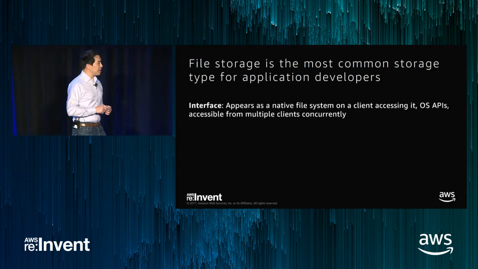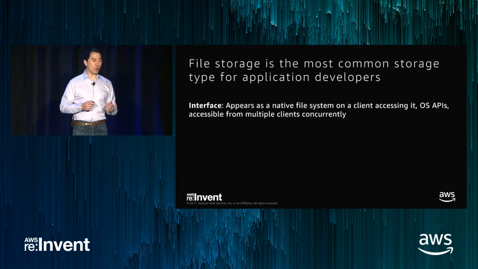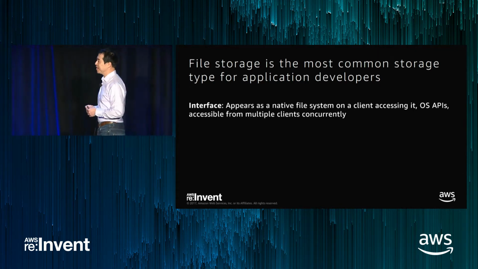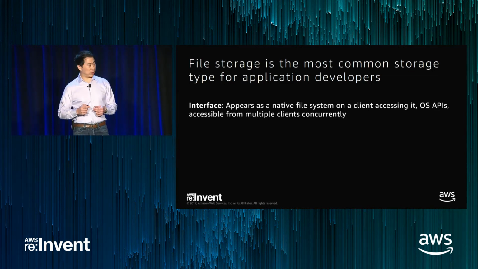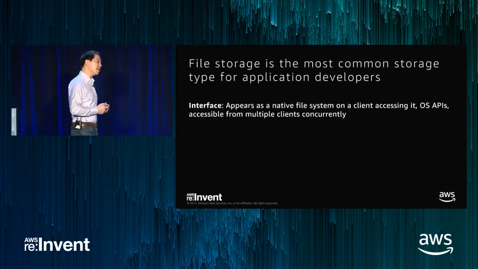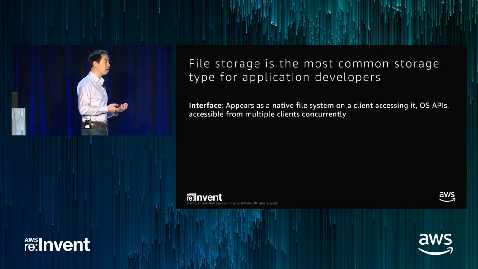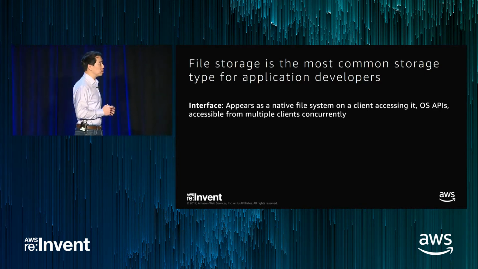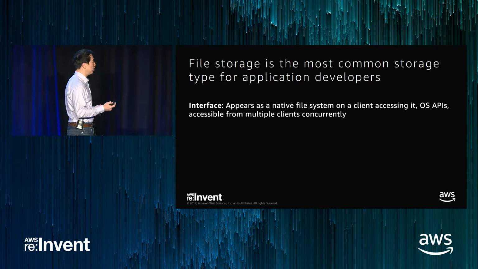One good reason is it's natively supported by operating systems. So operating systems can interface with the APIs for file storage natively. And it supports shared or concurrent access across multiple clients, which is another key attribute of the interface.